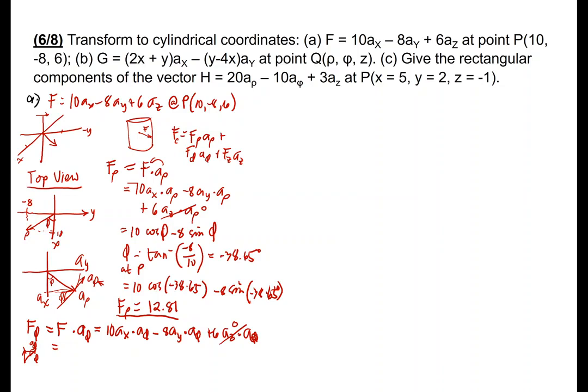So therefore our ax dot aφ is actually equal to negative sine φ.